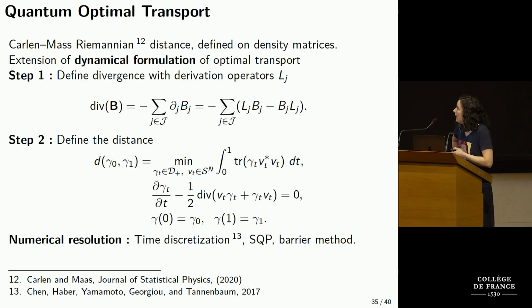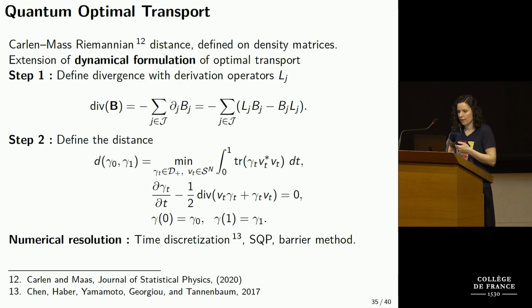And the way the divergence is defined is through the commutators of some derivation operators Lj. So somehow we need first to choose some operators Lj, and then the divergence of a vector of matrices B will be defined as the sum over j of Lj Bj minus Bj Lj.